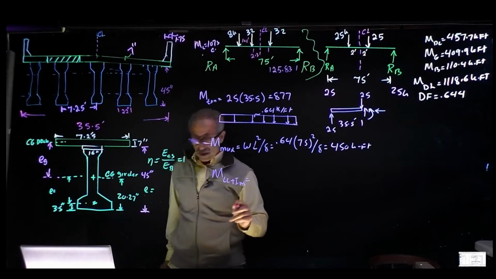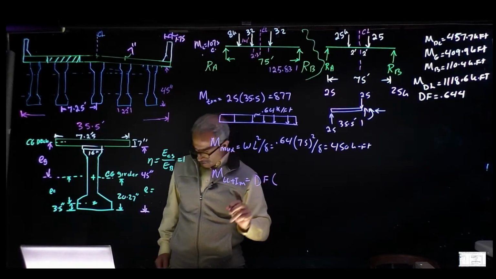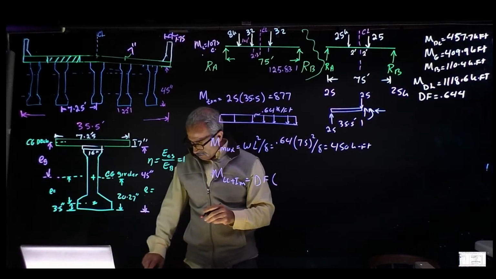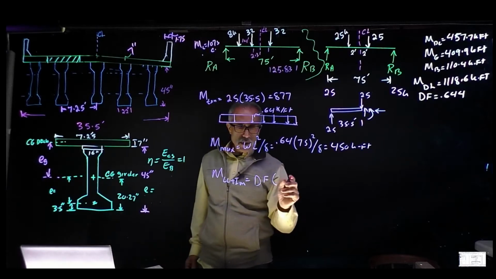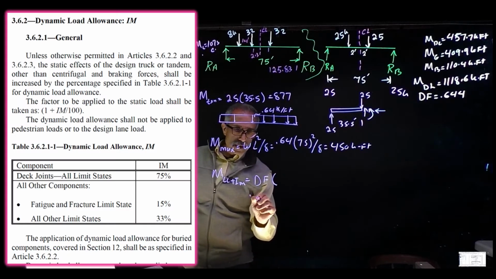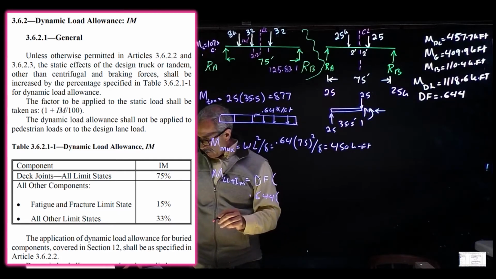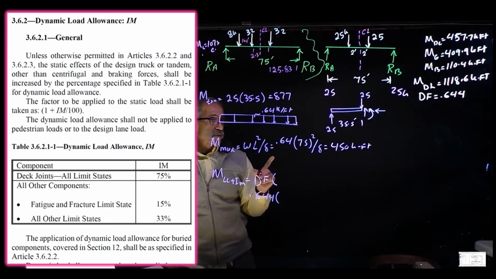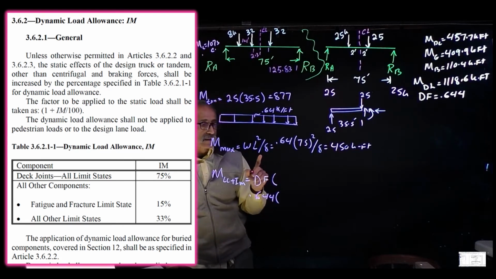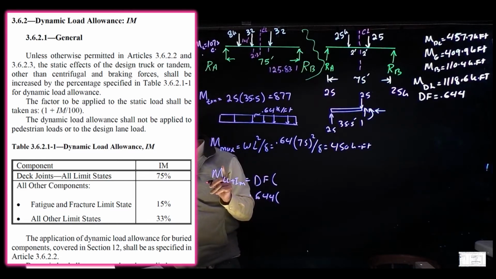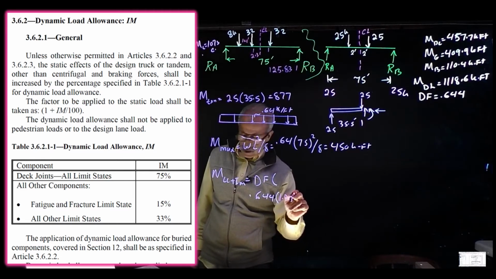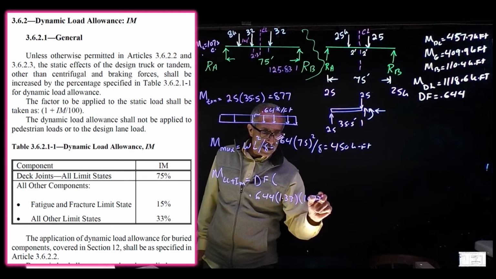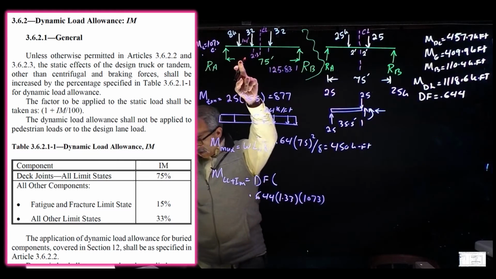And that's going to be this distribution factor multiplied by all that stuff, which is going to be 0.644 times. Remember, we talked about this. You have to have a 33% factor. What was that? 0.33 times 1073, which was for this one right here, and plus 450.